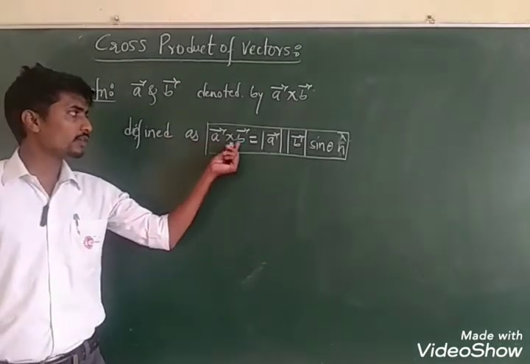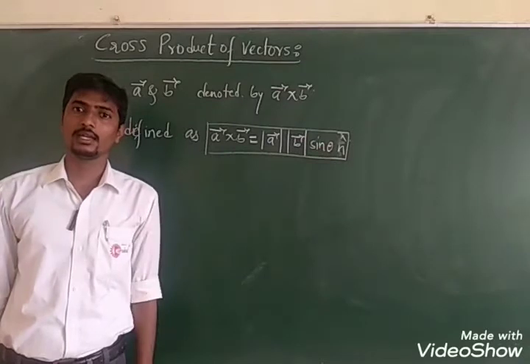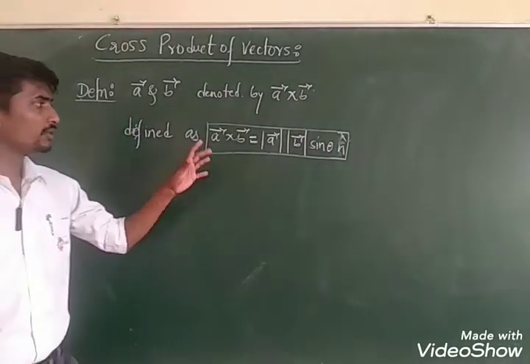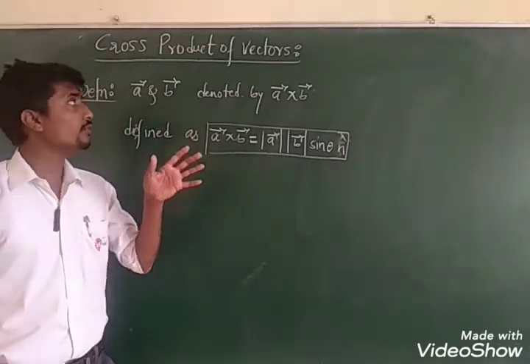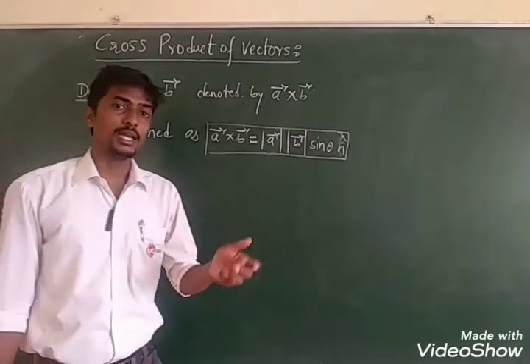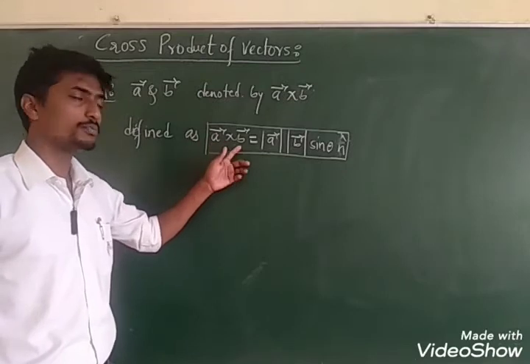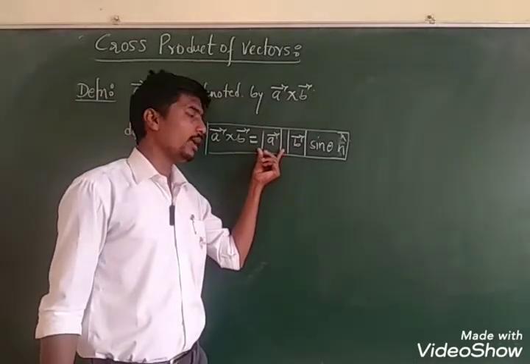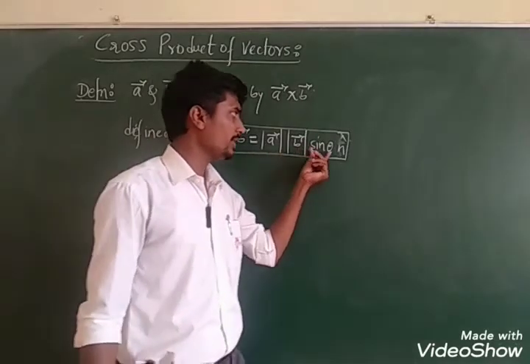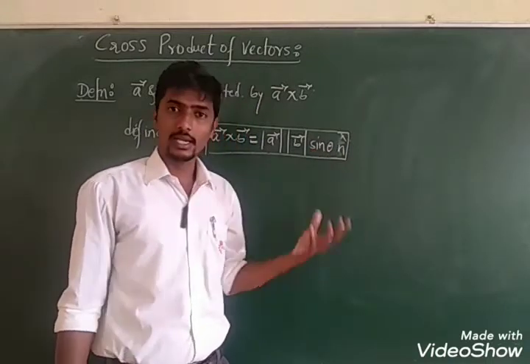Yes, so now here A cross B is equal to magnitude of A, magnitude of B, sin theta into n cap. Look at the definition. Previously we know the dot product of vectors is a scalar quantity. Here, magnitude of A is a scalar, magnitude of B is also a scalar, and sin theta, if theta is defined, also gives a scalar quantity.